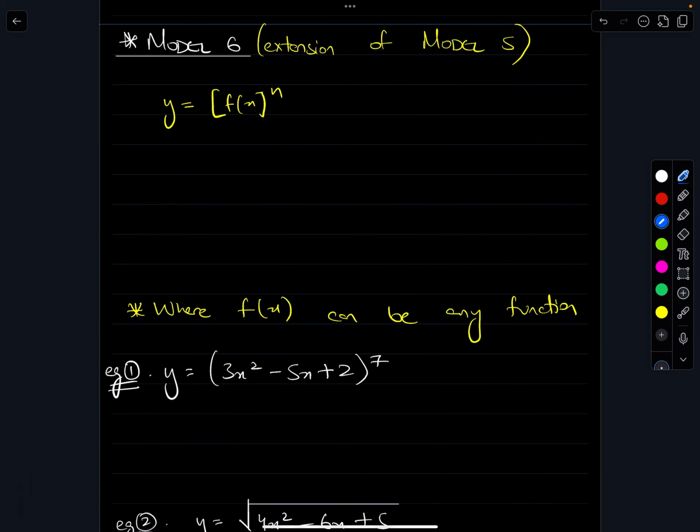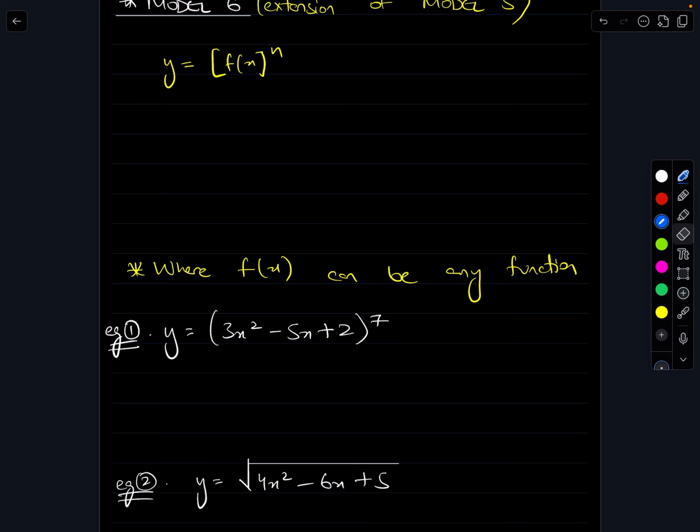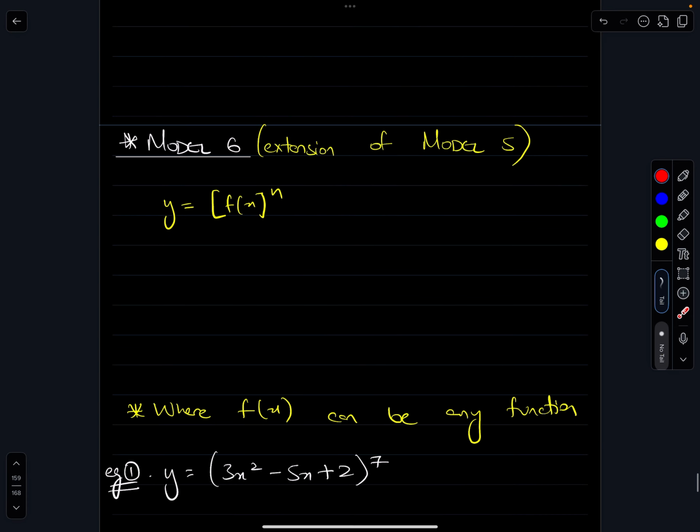Then we have model 6, or an extension of model 5. What if we don't have a linear function inside the bracket, but instead we have any other function? It can be a quadratic or a function with a maximum power of 3.